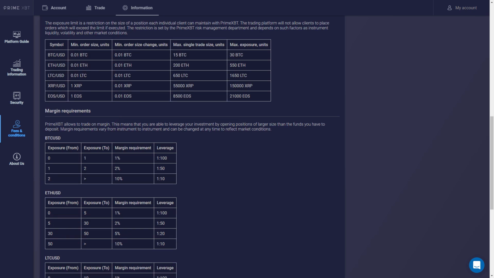Going a little further down here, you can see some of the other contract specifications, let's just focus on Bitcoin for right now. Minimum order size is 0.01 BTC, which would be the equivalent in today's price of BTC versus US dollar of $4,000. This would be about a $40 minimum size unit, and maximum would be up to 15 BTC.